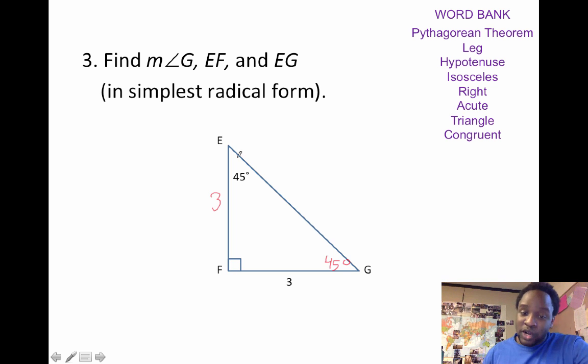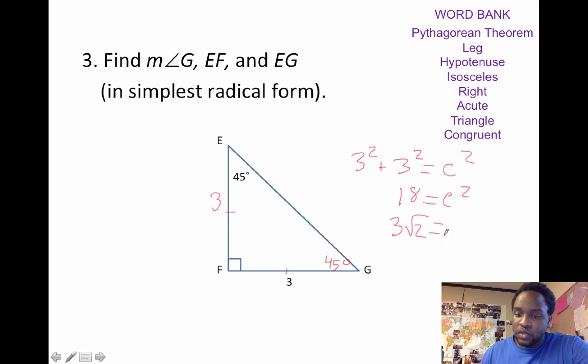It's an isosceles triangle, so we know that these two legs are congruent. And then the third side would be 3 squared plus 3 squared equals C squared. So 9 plus 9 is 18. 18 would equal C squared. If we take the square root, this is 3 radical 2 equals C.